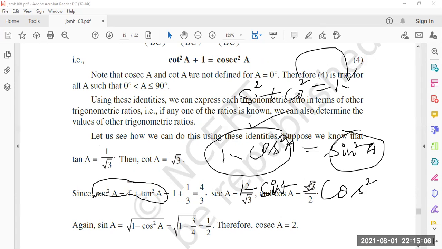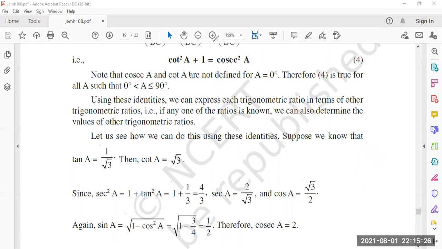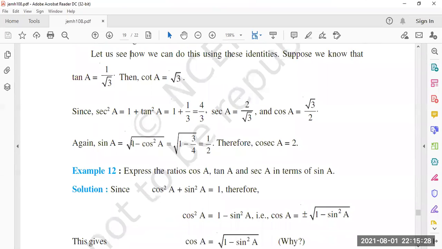If you find anywhere secant square minus tan square, you can replace it with 1. If you find secant square minus 1, you can replace it with tan square a. So all this is possible as per the requirement of the question. We will be using this type of interchanging logic as per the requirement of the question.